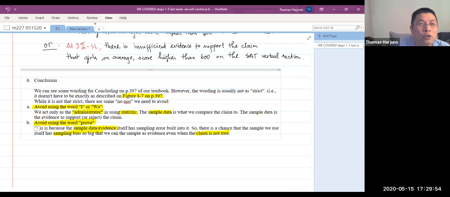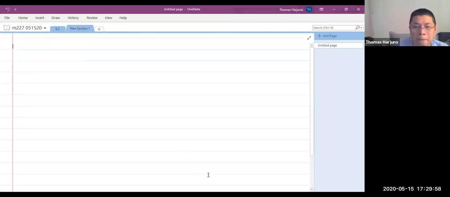Okay, I would like you to do some hands-on experience. Let me get it from my old notes here. Hypothesis testing procedure.